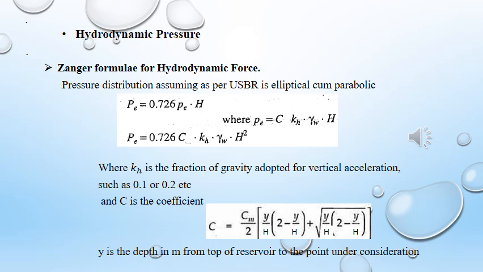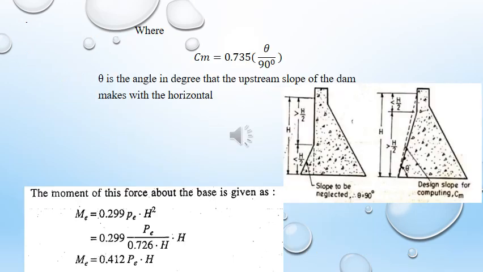Here y is the depth in meter from the top of the reservoir to the point under consideration, and Cm is another coefficient. Cm is 0.735 theta upon 90 degree, depending on the upstream slope, where theta is the angle in degree that the upstream slope of the dam makes with the horizontal.